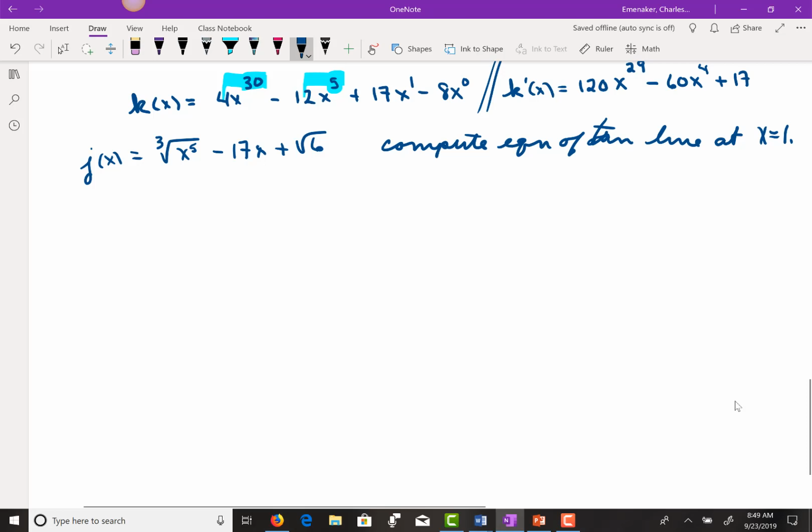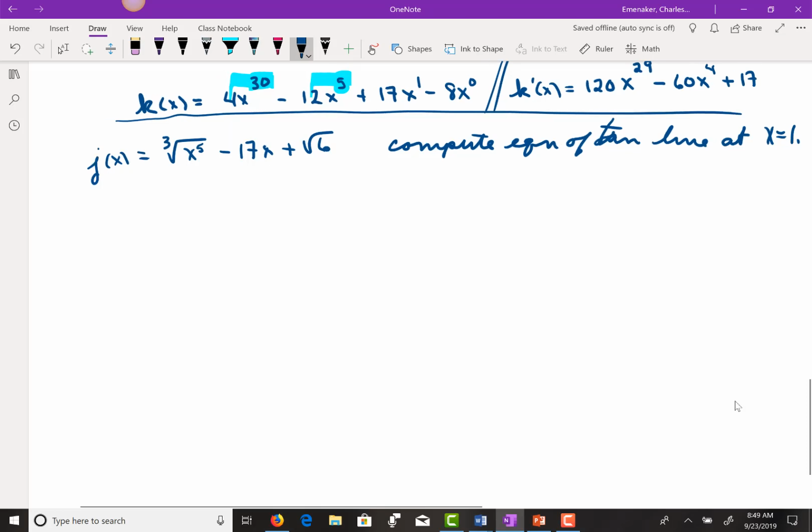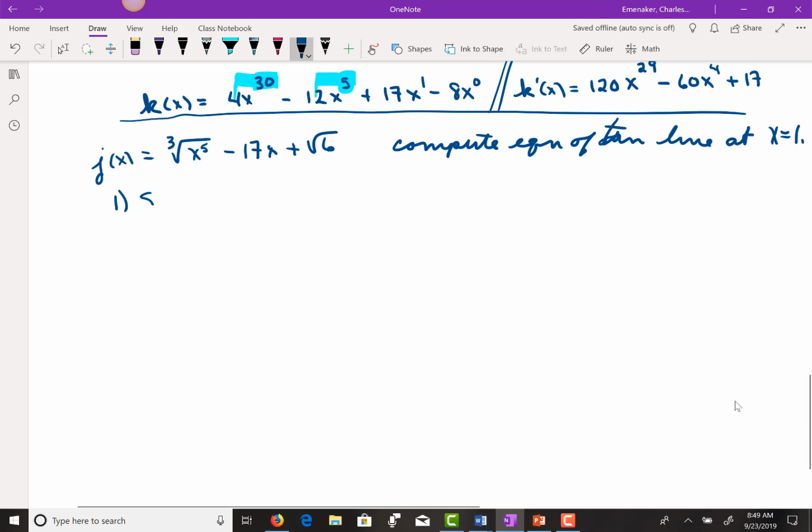Ooh, I don't know what a derivative is. It sounds better. Okay, so the first step in doing this, number one, is get the slope. Now, that means we're going to need to compute the derivative of that function, doesn't it?